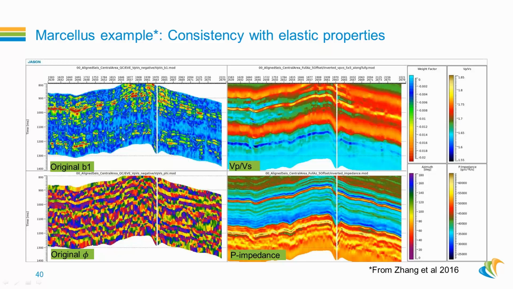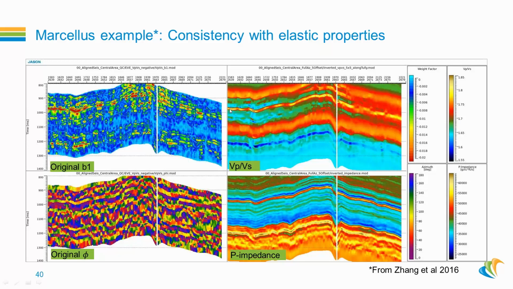The top left-hand panel is the first Fourier coefficient of the anisotropy of the VPVS, the B1 of the VPVS. The panel below that is the azimuth, and the right-hand panels are the isotropic parameters coming out of the volume analysis. There's a VPVS at the top and P impedance at the bottom.